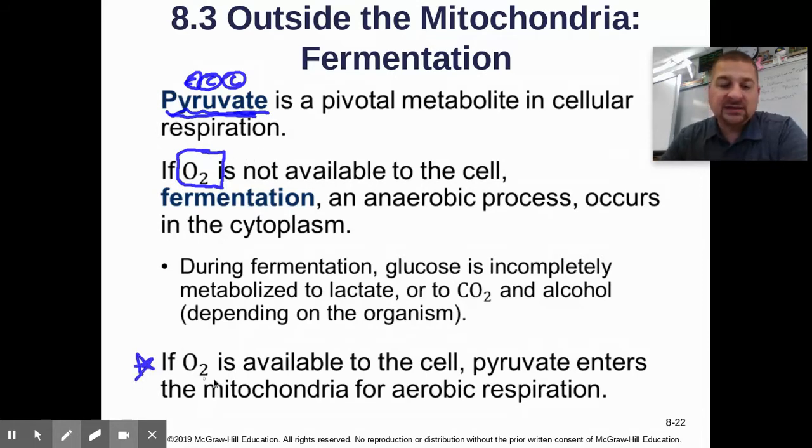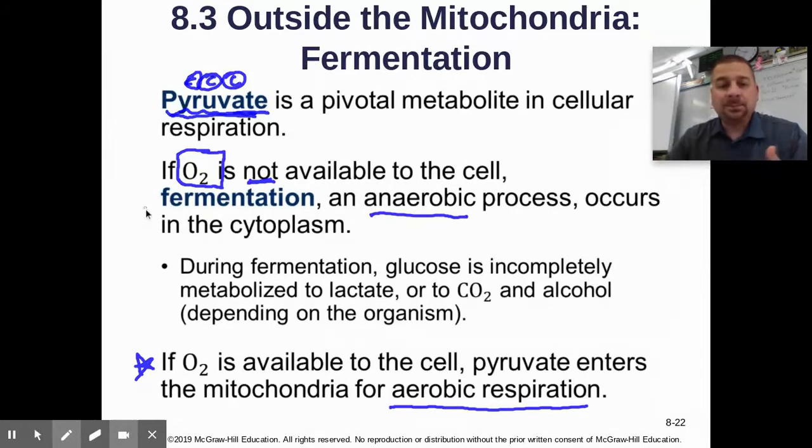If oxygen is available to the cell, the pyruvate goes into the mitochondria, and the complete aerobic breakdown or cell respiration of that pyruvate, of that organic molecule, happens, and we get the most ATP out of it. If O2 is not available, the cell still needs energy in anaerobic conditions.